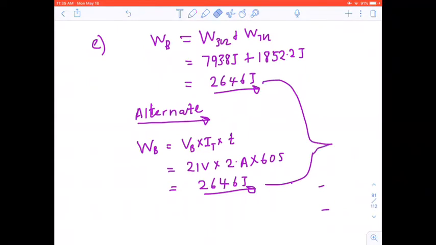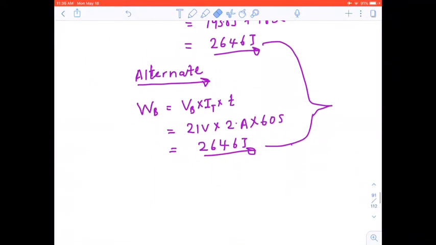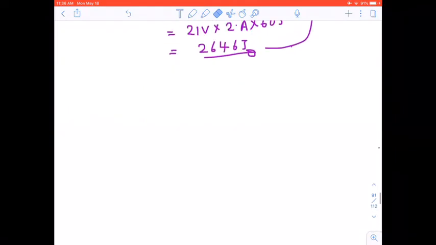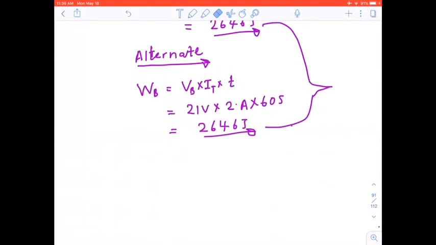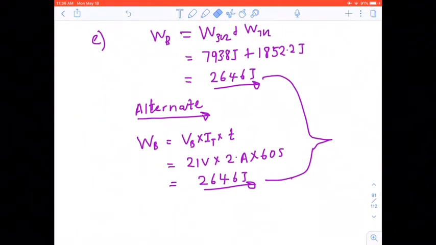So that's the amount of work it did, and we find that the battery transferred that amount of energy to these components, 2646 joules.